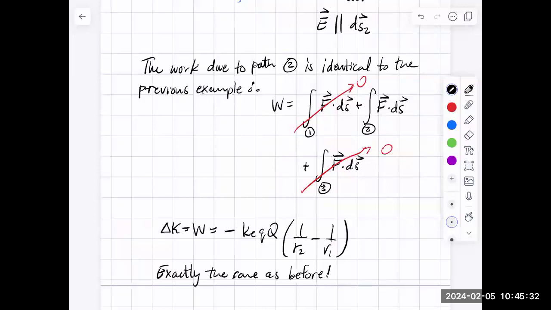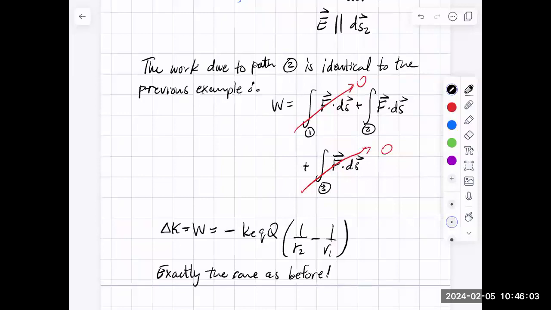Well, what you can always do is you can take any arbitrary path, make it as complicated as you want. Maybe it has little loops and things like that. You can always take an arbitrary path and break it into infinitesimal steps that are either radial, so that they're parallel to the electric field, or these circular arcs that are perpendicular to the electric field.